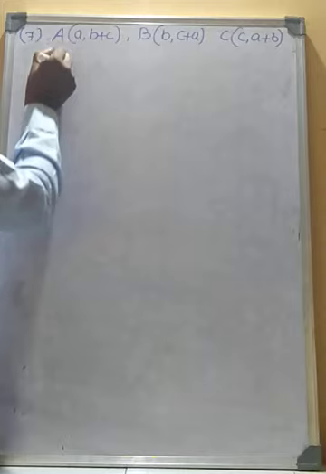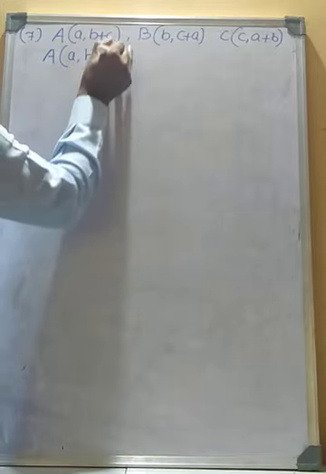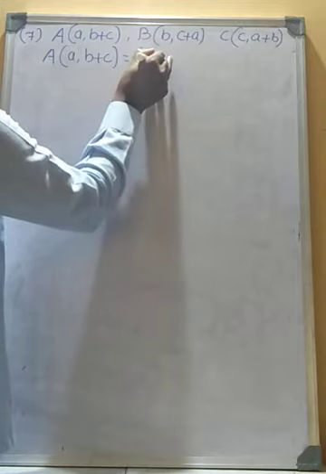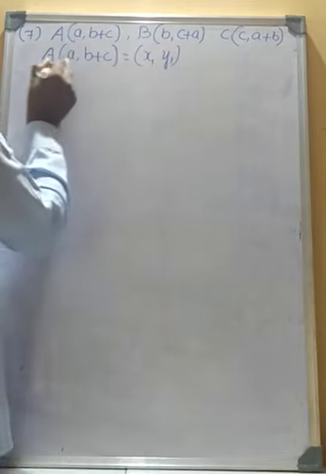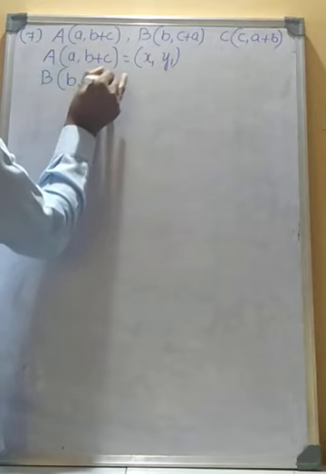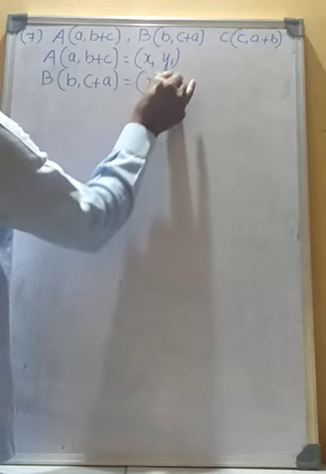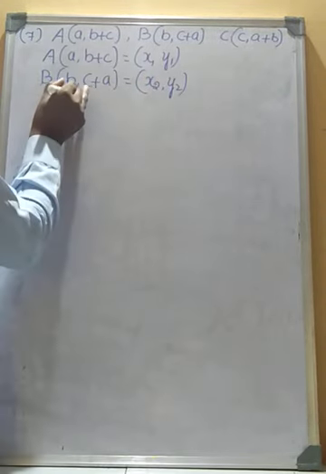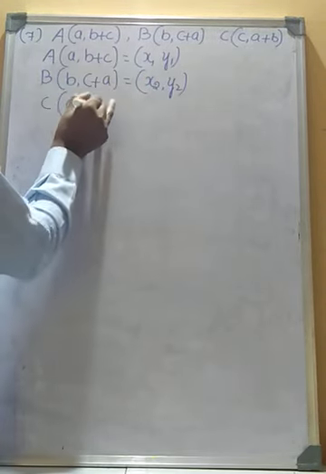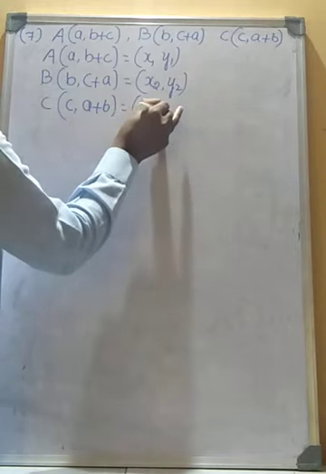Here A comma B plus C is x1 comma y1, B comma C plus A is x2 comma y2, and C comma A plus B is x3 comma y3.